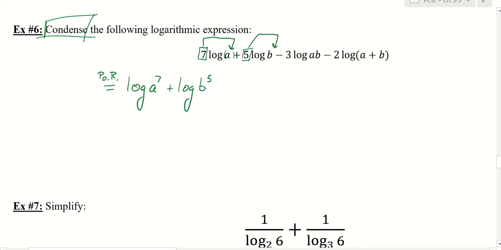And here, I'm going to factor out this negative in front of both of these logarithms. So minus, and then that's going to be 3 log ab plus 2 log of a plus b.